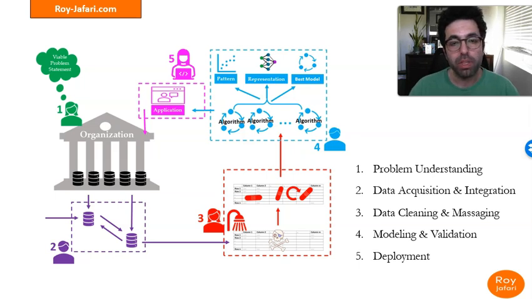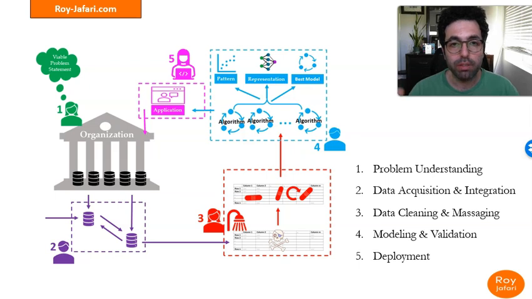Stage 3 is the notorious data cleaning and massaging. In this stage, we have a version of our data that has come from stage 2, but we improve it to become the second version of our data that is going to be more conducive for our modeling, and it's going to support our modeling in the best possible way.